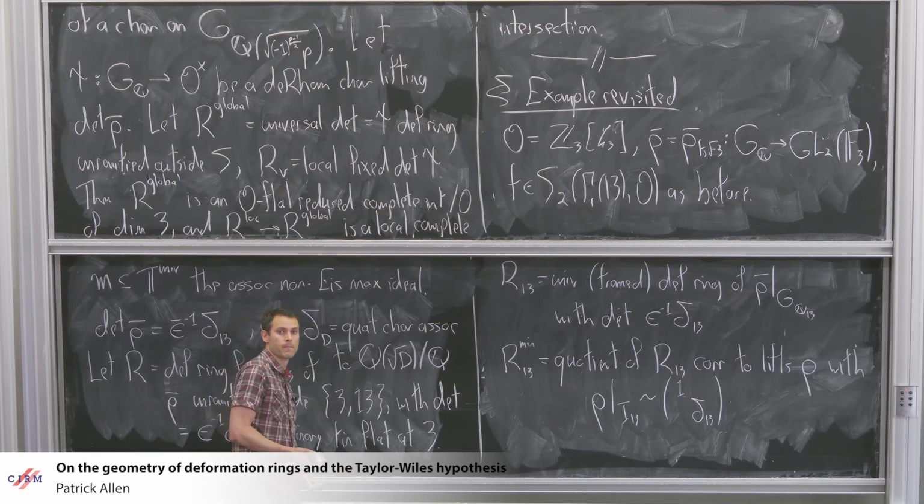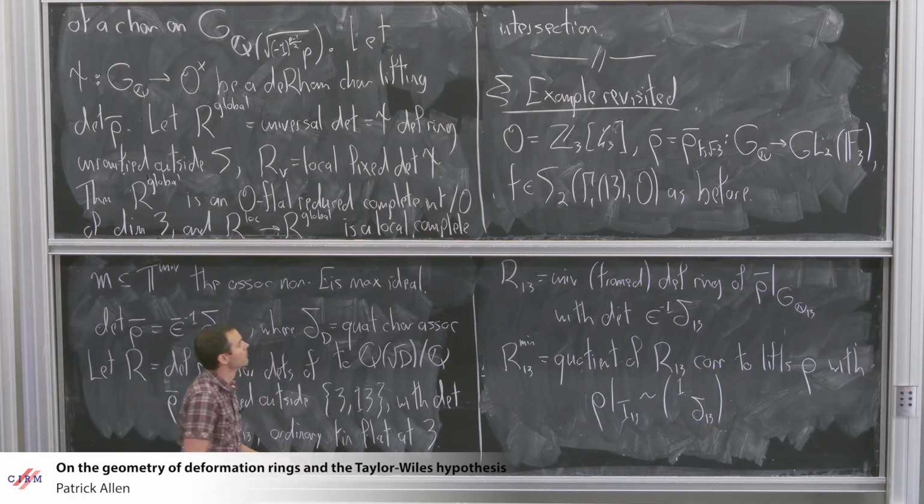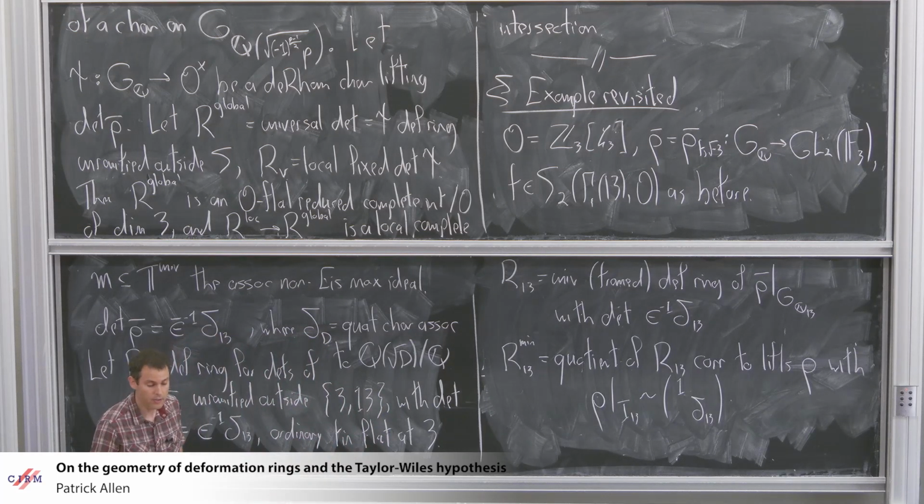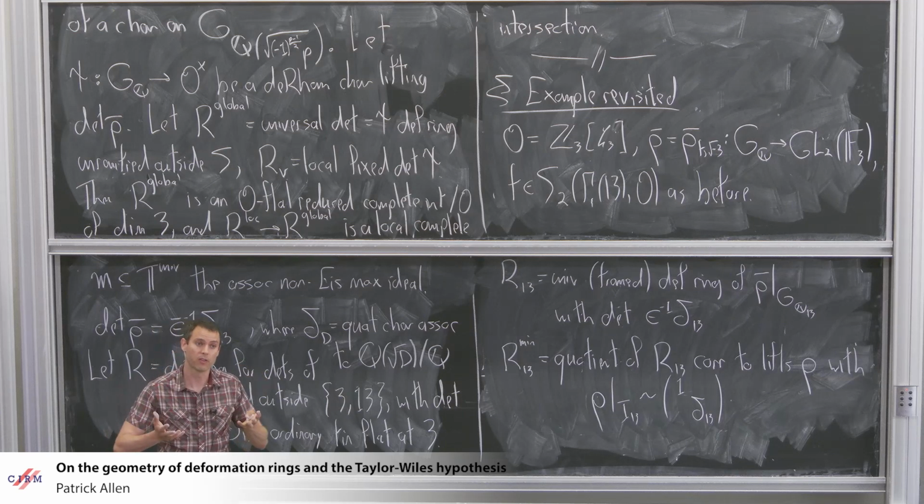Sorry, can I ask you something? Is there some restriction on the weight? Because I know that sometimes the algebra is not even Galois type, right, if K is p or something. Well, yeah, I did a universal thing, so there's no weight here. The universal thing is conjectured to be an O-flat complete intersection over O. In general, this is a good question. What if you cared about the first example I said, where you have some small deformation ring and you want to understand whether it's local? That's exactly right.